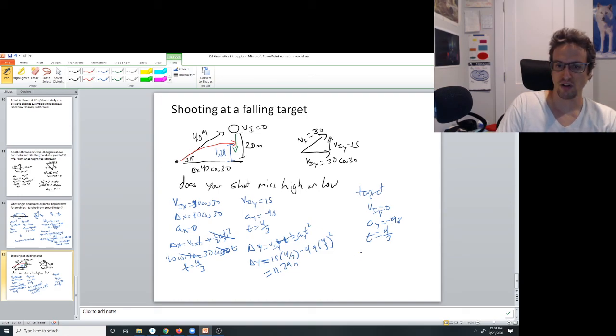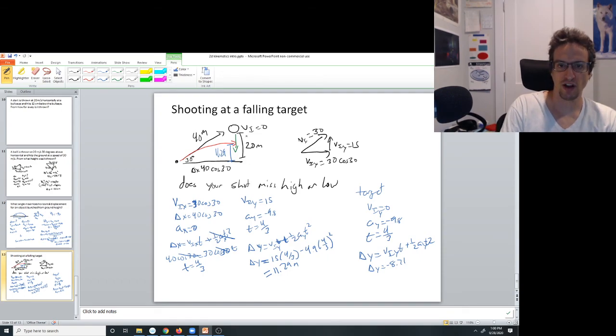And we can solve that again with the same equation. Change in y equals v initial y times time plus 1/2 a_y t squared. When we simplify that, we get change in y equals negative 8.71.